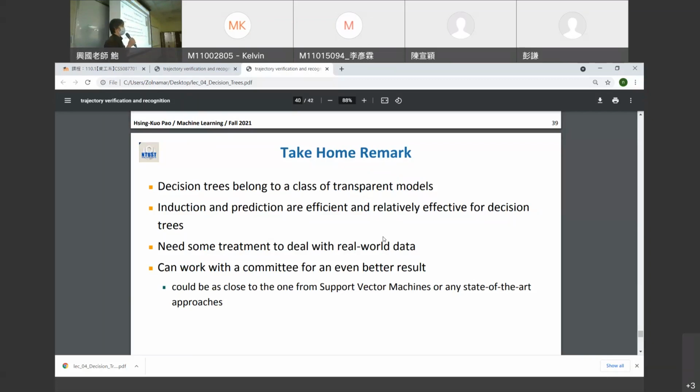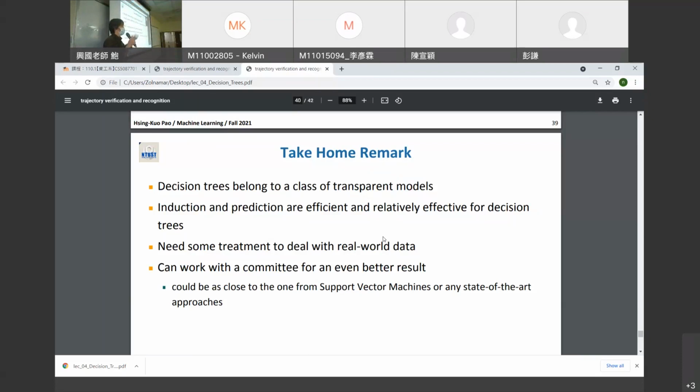In this sense. Okay, but remember, if we talk about a set of trees, it's no longer a transparent model, right? If we have so many trees, it's not that easy to build intuition, right? But still better than deep learning models.